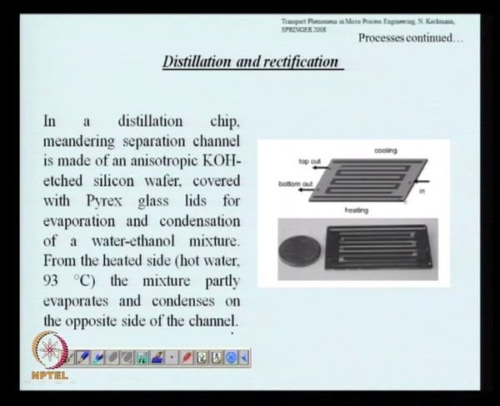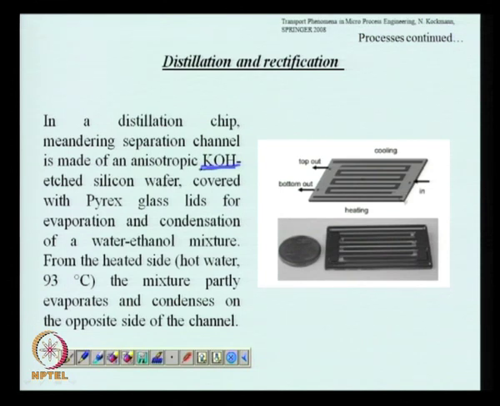The next example that we see is an interesting example. It is about distillation and rectification taking place on a single chip. So, here we have a silicon wafer where anisotropic KOH treatment, which you are familiar with, is used.